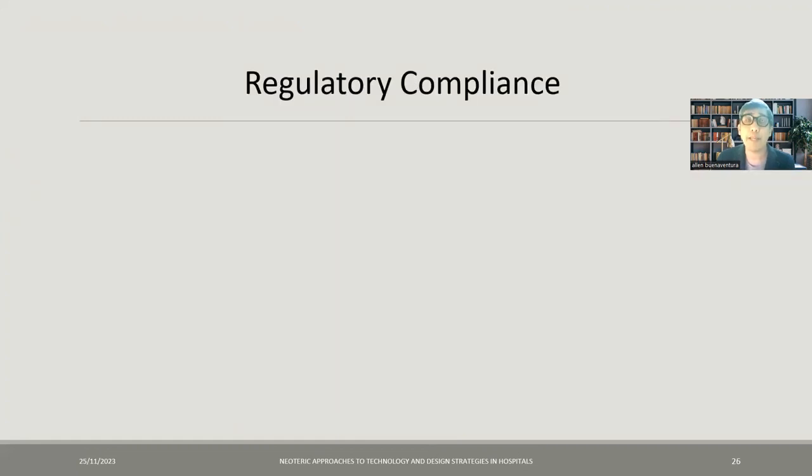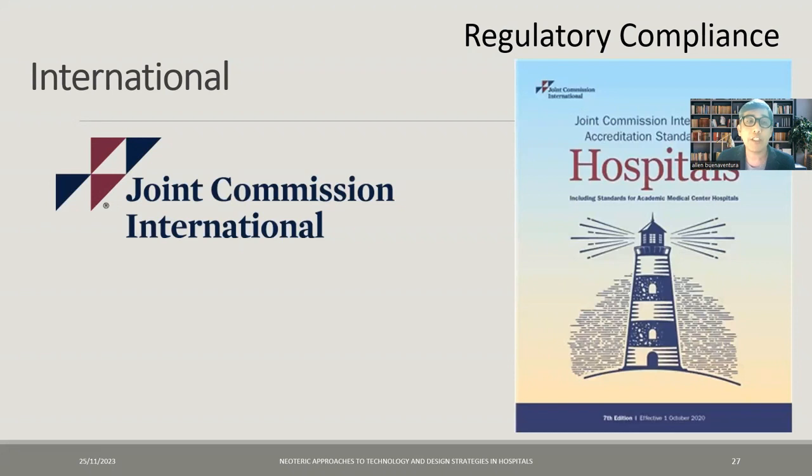On regulatory compliance: JCAHO, the Joint Commission on Accreditation of Healthcare Organizations, is the oldest and pioneer organization that started the hospital accreditation program in the USA. They developed the quality standards for compliance by hospitals.